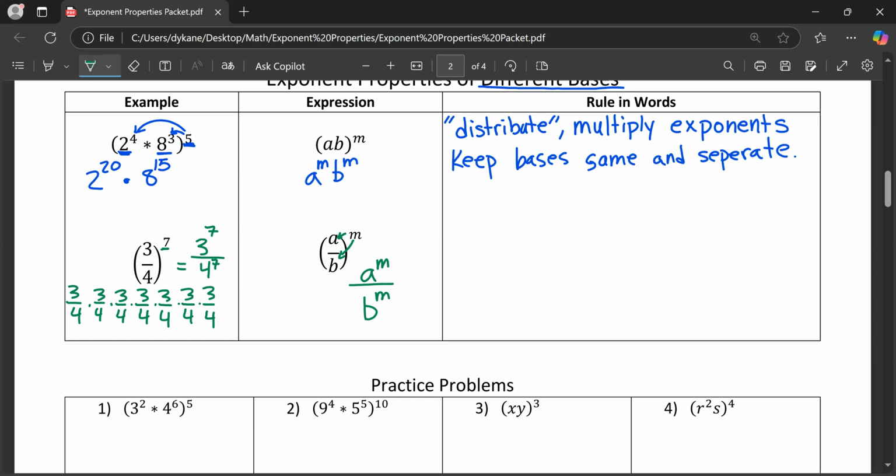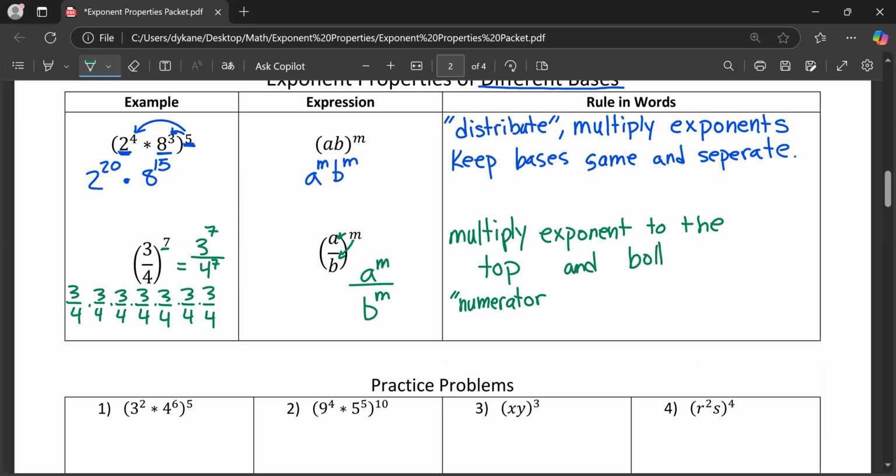So putting that in words, we're going to say we multiply the exponent, or distribute the exponent, to the top of our fraction, which if we use our vocabulary, that is our numerator, and the bottom of our fraction, which is the denominator.